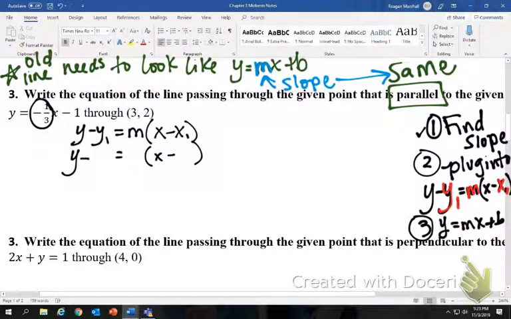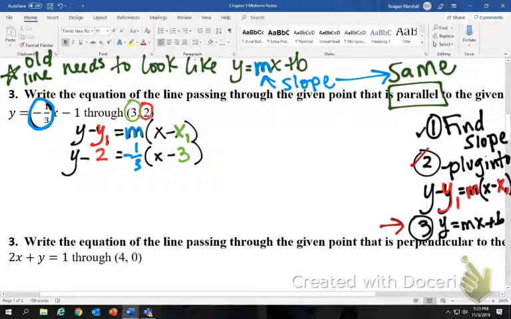The part that I wrote in black, nothing gets plugged in for. As you remember, y1 comes from the coordinate they gave you. So the y, which is 2. M, again, means slope. So your old slope was negative 1/3. Parallel to negative 1/3 is negative 1/3. And then you plug in the x of the coordinate they gave you, which is 3. So we have plugged in.